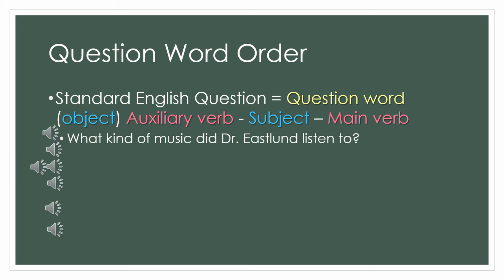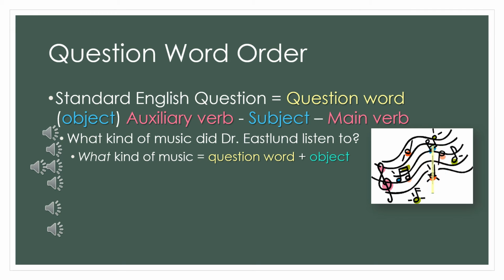Another example is, what kind of music did Dr. Eastland listen to? What is the question word? Kind of music is the object. Did is the auxiliary verb.